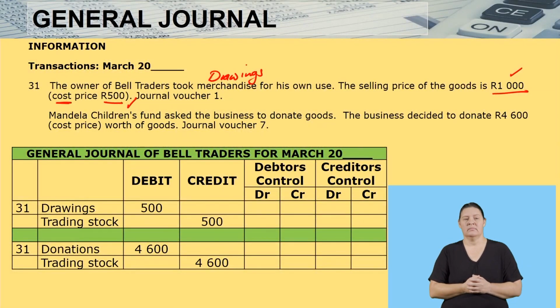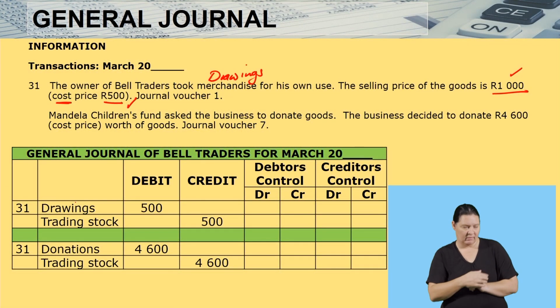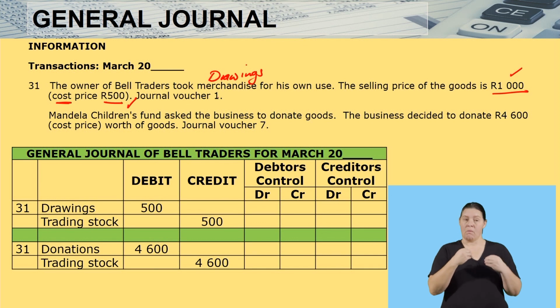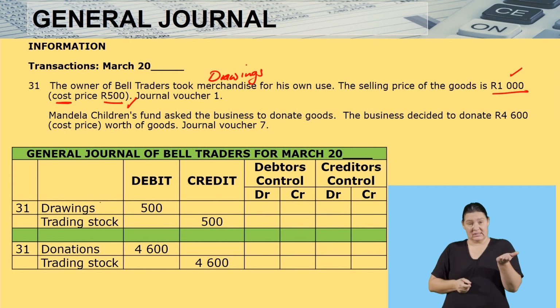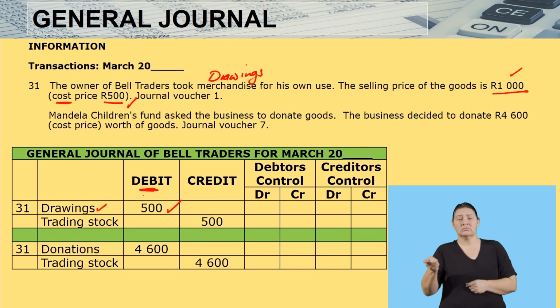Now, let us see if we have somewhere to record. We will record them in the general journal. Let us start. When the owner takes goods for personal use, we call this drawings. So remember, drawings increases on the debit side. So I am going to debit my drawings, there you see, on the debit side. All right? But then my trading stock is decreasing because the owner is taking from the trading stock.